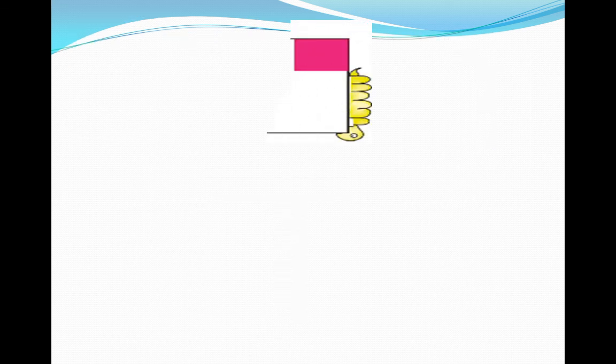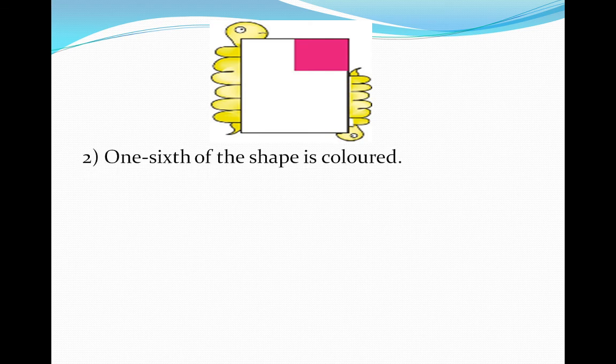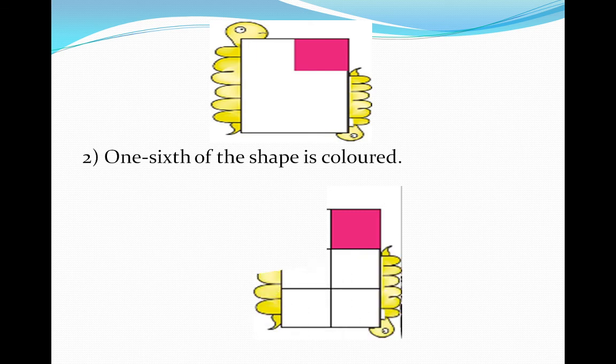Next question. Look at here. 1/6 part of the shape is colored. How can we see this? If we draw some horizontal and vertical lines, we can show that 1/6 part of the shape is colored in this way.